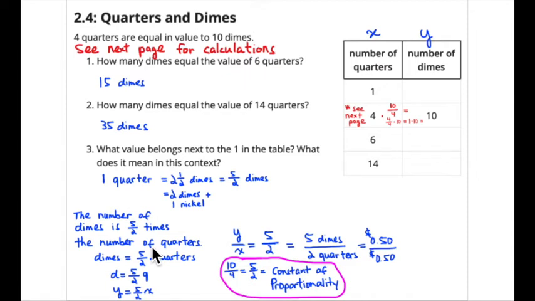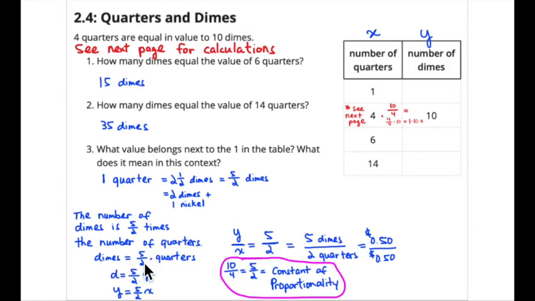So let's go through the language a little bit. The number of dimes is 5/2 times the number of quarters. That means there's a larger number of dimes, which makes sense. You have to multiply the number of quarters by a number larger than 1 to get the number of dimes.